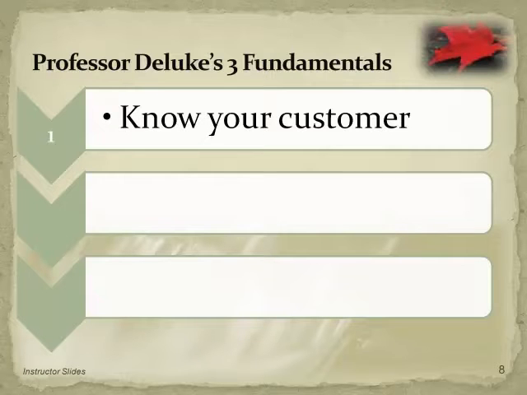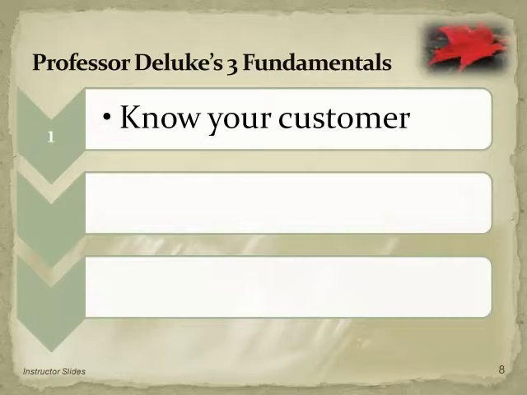So in the previous slides, we talked about the final customer, the supply chain customer. The customer is the most important person in the supply chain. So in order to produce and create our goods and services, we have to know our customer. We have to especially know what is important to our customer. What do they value? And what is it that they are willing to pay for?